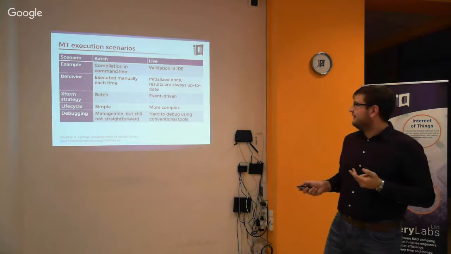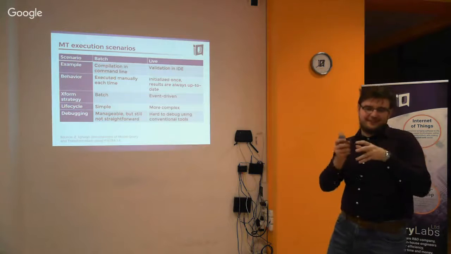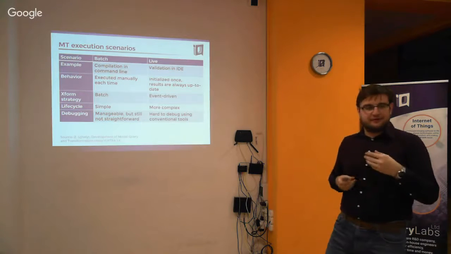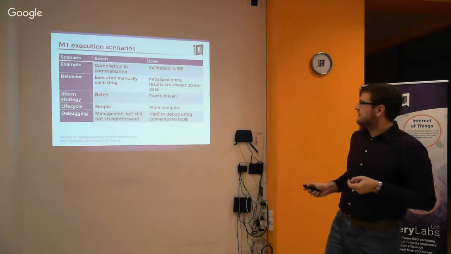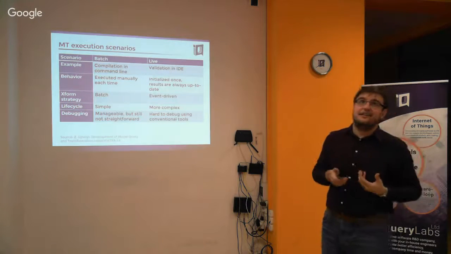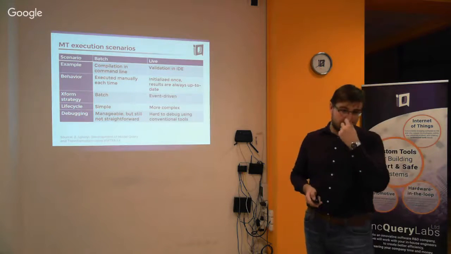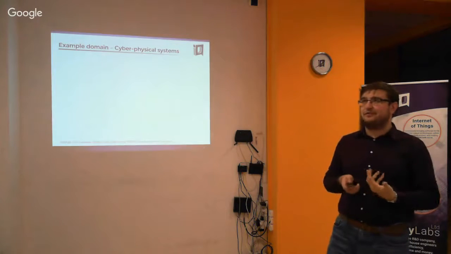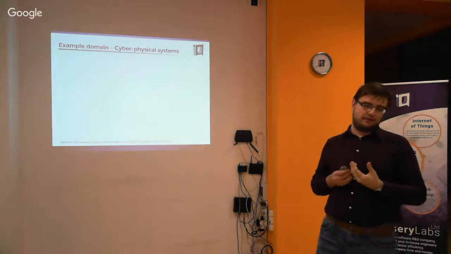So basically, the point of this slide is to point out that various model transformation types have various debugging properties. The simpler batch transformations are easier to debug than the more complicated event-driven live model transformations. So because event-driven model transformations are more complicated, I'd like to continue the presentation with them.